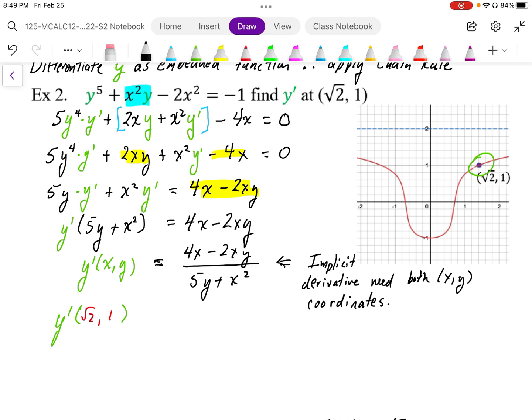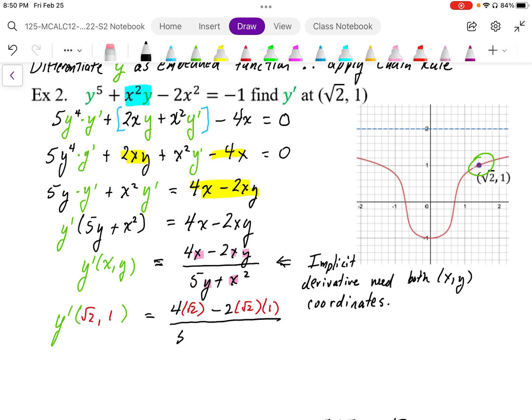Okay, so then what I'm going to do is I'm going to plug in to my expression x is root 2 and y is 1. So minus 2, there's another x, so root 2, and times y is 1. So basically, wherever I see my x and y's, I'm going to plug those values in.